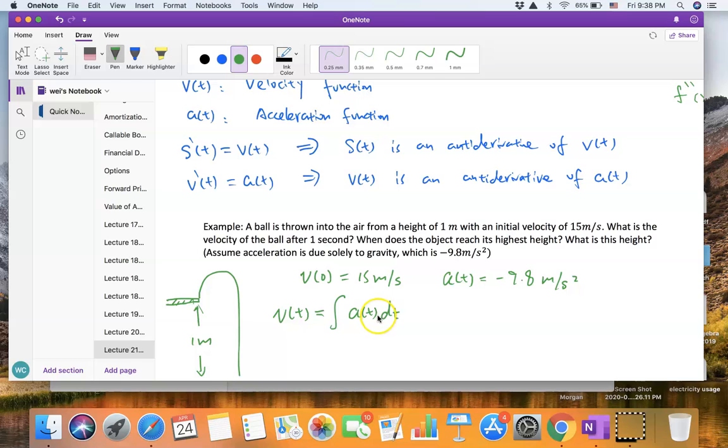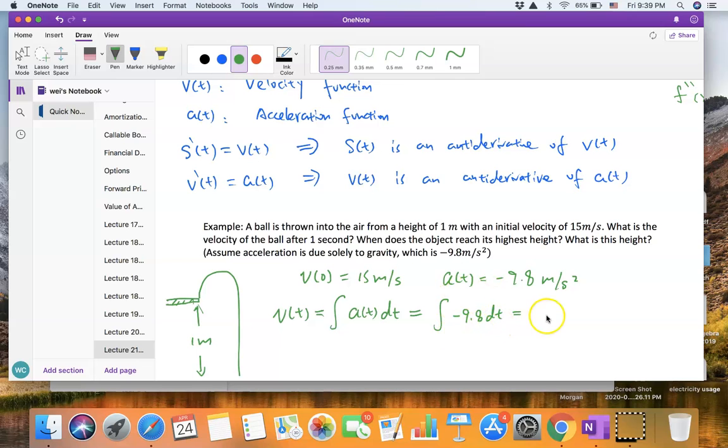Now here, remember, since our function we use t as the variable, so in this integral, we have a of t and dt, not dx. Okay, and this equals the integral of negative 9.8 dt.